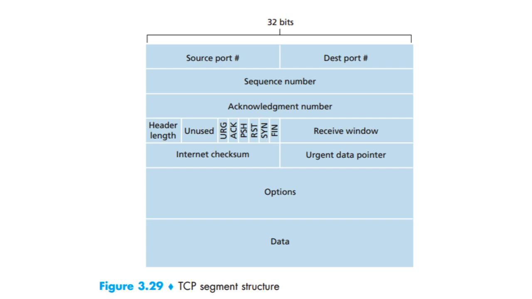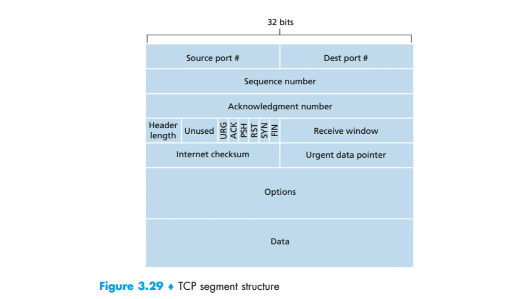Window size, 16 bits, specifies the size of the receive window, which indicates the number of bytes the sender can transmit before receiving an acknowledgement. Checksum, 16 bits, provides error detection for the TCP segment header and data. Urgent pointer, 16 bits, points to the last byte of urgent data in the segment if the urgent flag is set.